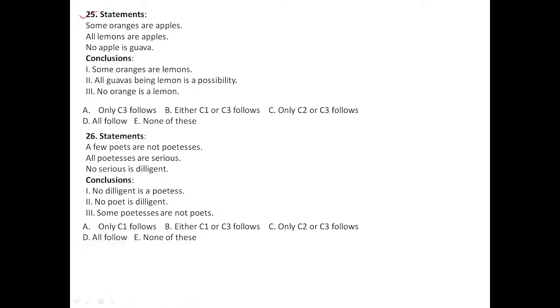Some oranges are apple. All lemons are apple. No apple is guava. Say all lemons are within apples.